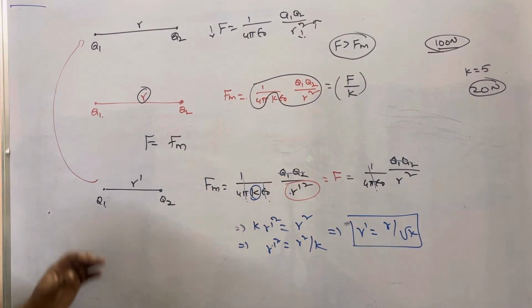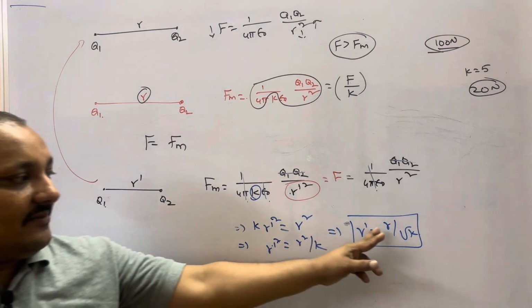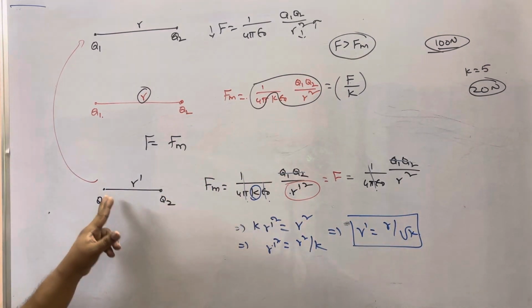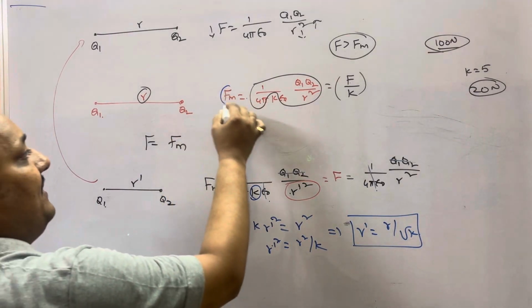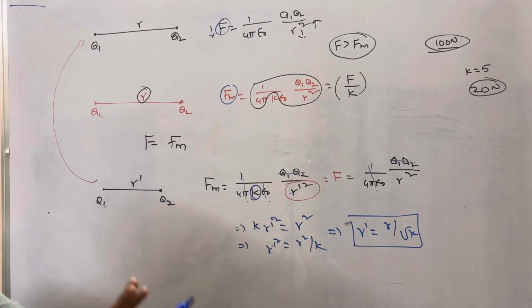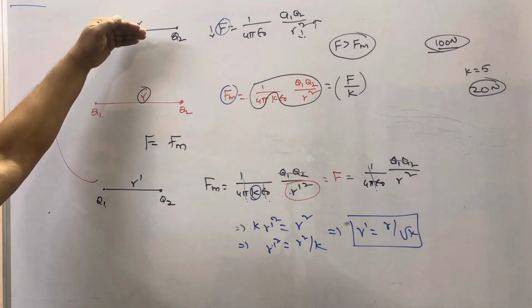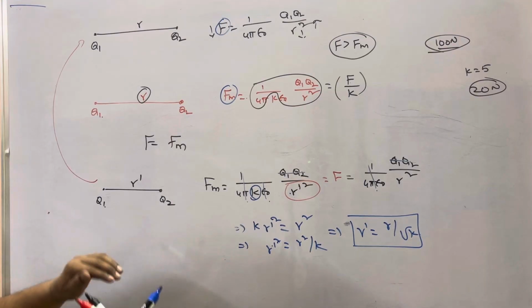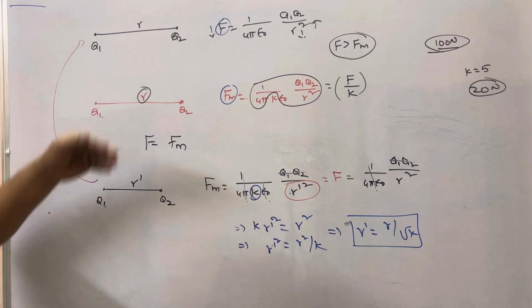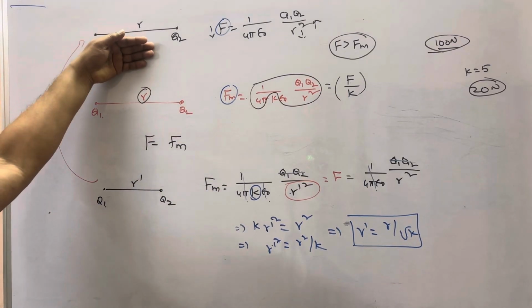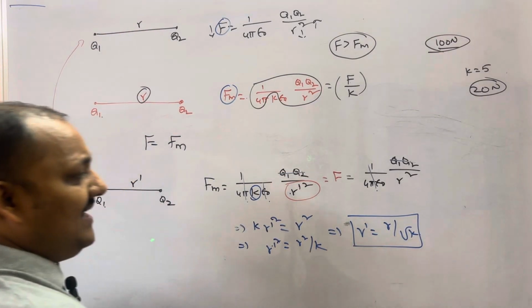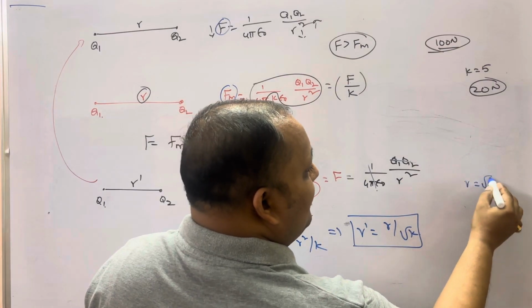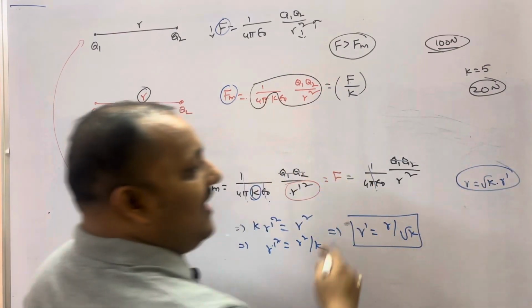So if we are getting new distance in medium as r by root K, if you are making the distance r by root K, then force in medium and force in space are going to be equal. Here we have brought from space to medium. The reverse they will also ask. When they ask the reverse, medium to vacuum, medium to space, then this formula is also going to be reversed. That is going to be r is equal to root K times r dash.